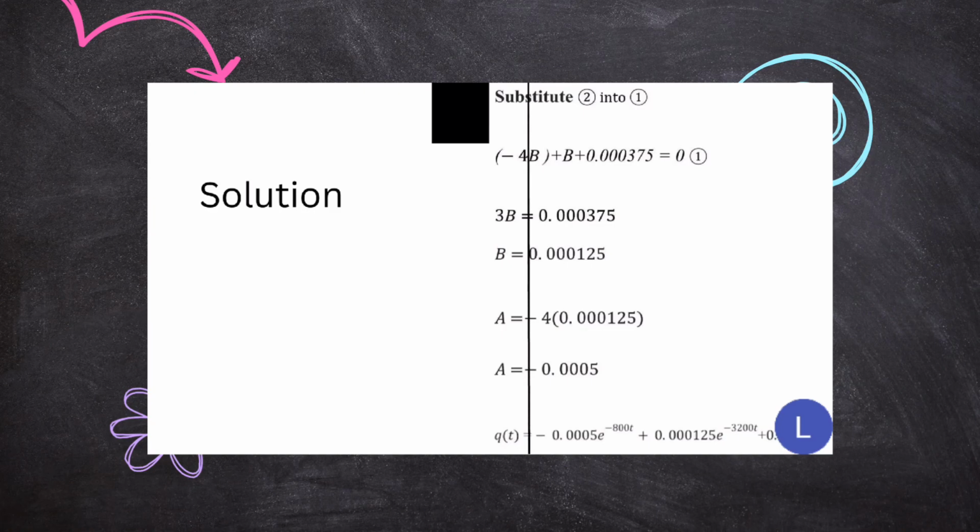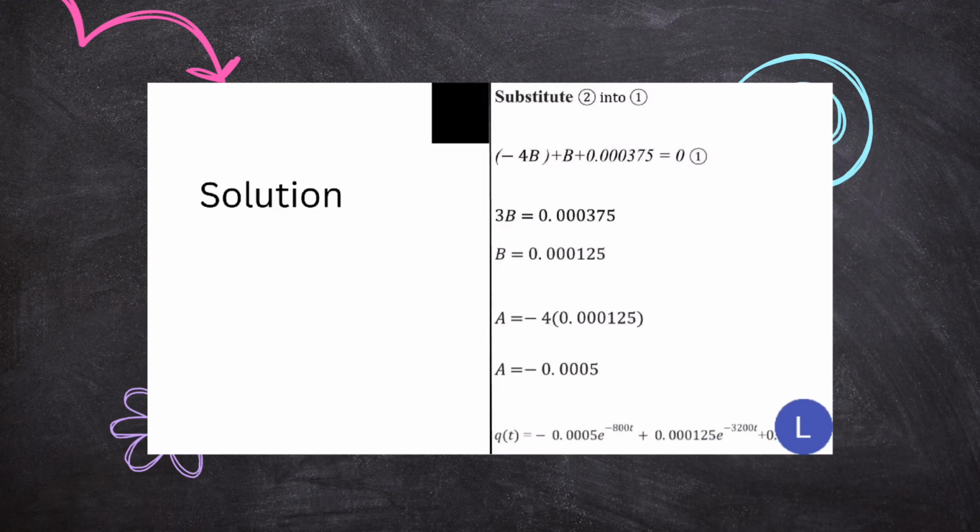So the final answer is Q(t) equals negative 0.0005e^(-800t) plus 0.000125e^(-3200t) plus 0.000375. That's all from me. I'm Lukman.